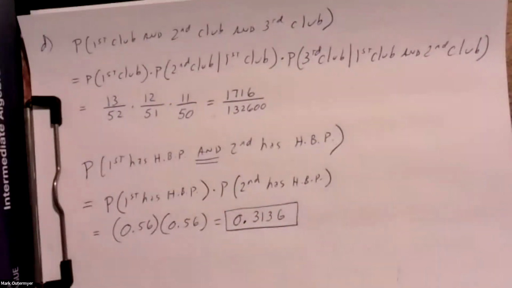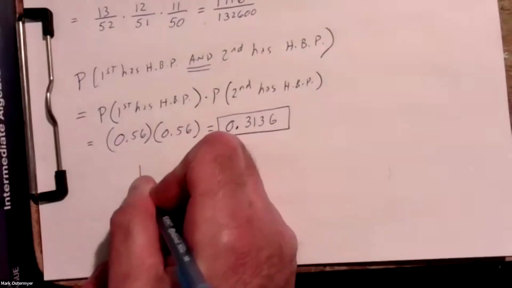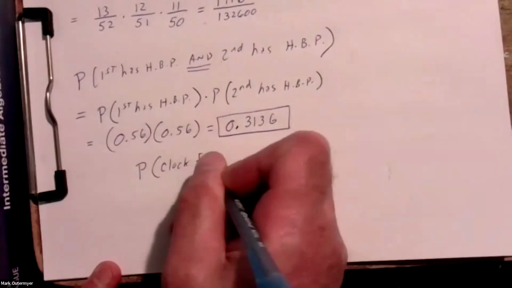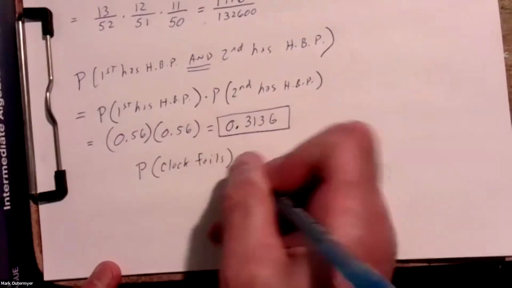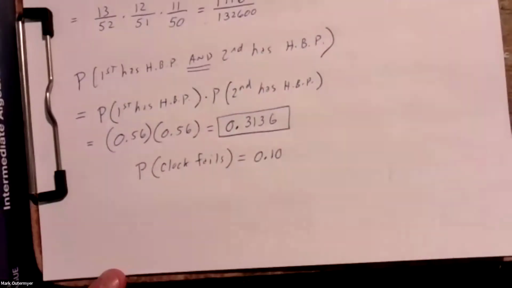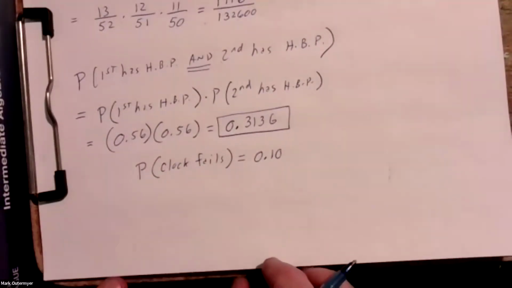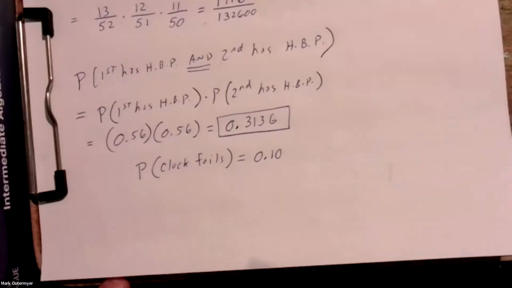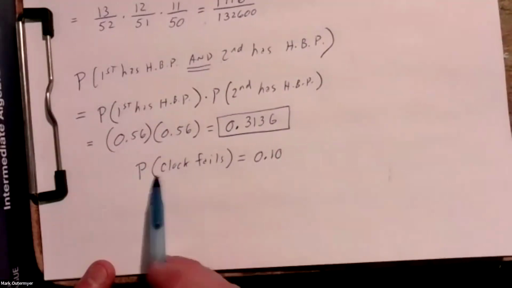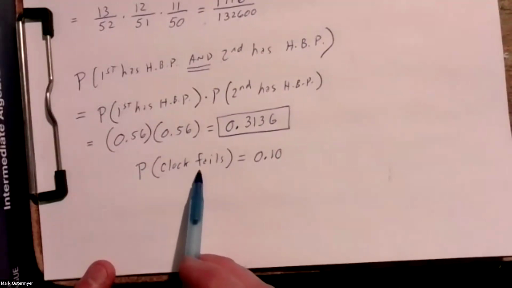Everybody see that? All right. Okay, I'm going to make up a problem, ladies and gentlemen. Suppose that I tell you the probability that a clock fails is like a 10% chance. Suppose we have a very important interview tomorrow and we have to make sure we wake up. So what we do is we buy 5 of these identical clocks. We wind them all up and we set the alarm to wake us up at a certain time tomorrow morning.